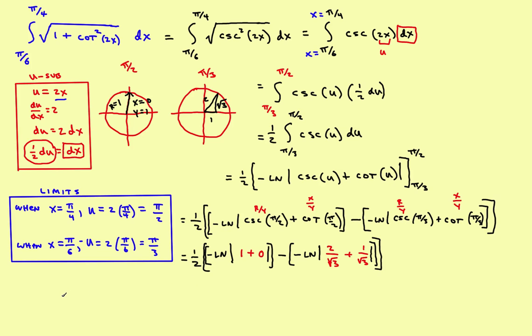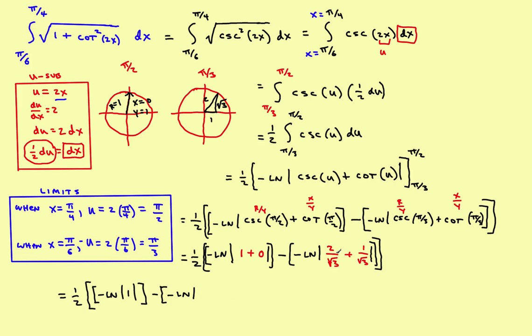So I think we'll put it down here now and keep going. That's going to give you 1/2 of, let's watch how these work. This one will turn into actually the negative of the natural log of 1, minus, and this one will turn into the negative of the natural log of, now you can add these together.